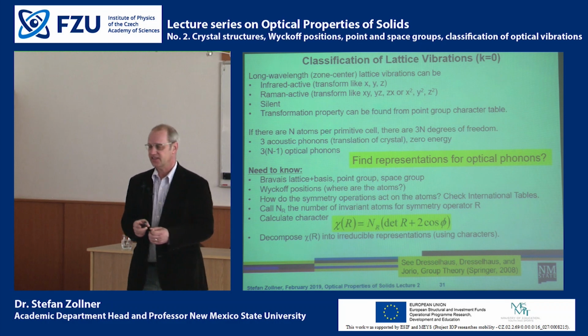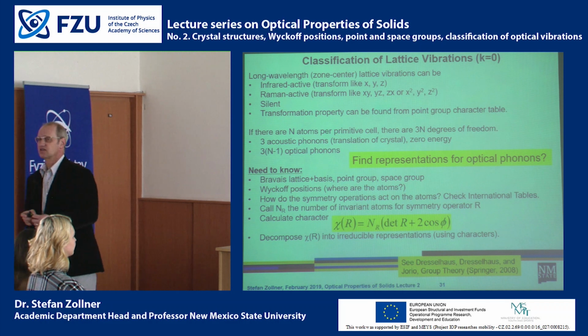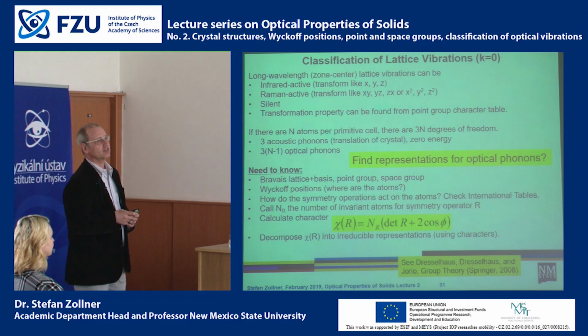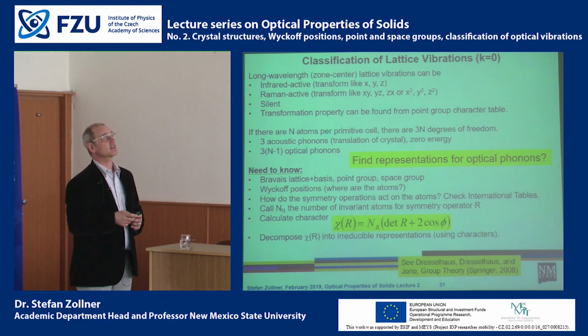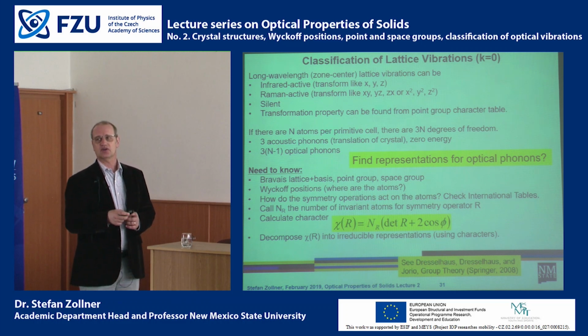The application that is most important to me for group theory in solids is the classification of the lattice vibrations. So I'm interested in Raman spectra, and I am interested in infrared ellipsometry of materials.